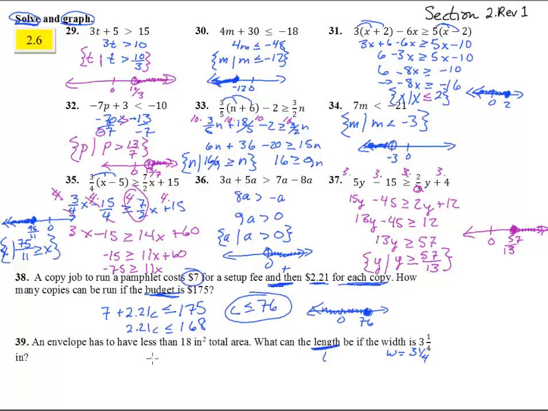So area is 3 1/4 times L. That has to be less than 18. So we can solve this for L. Divide by 3 1/4, divide by 3.25. And we get that L, the length, has to be smaller than 5.5 inches. There we go. There's number 39. Good.